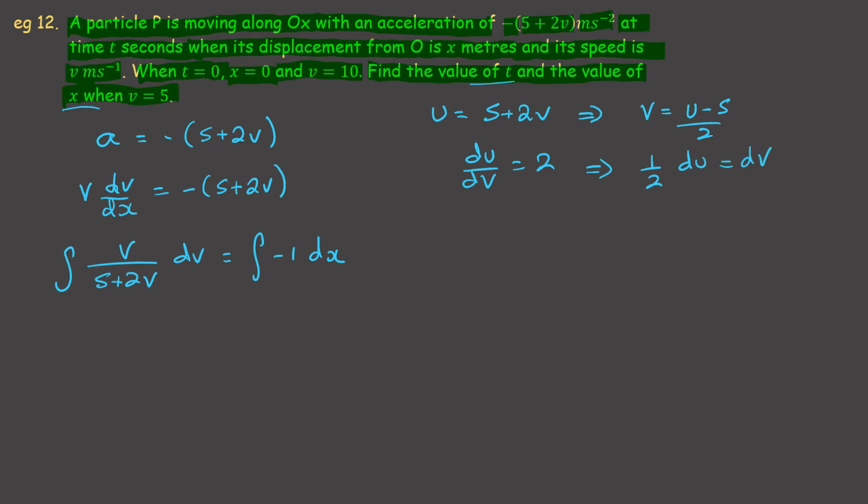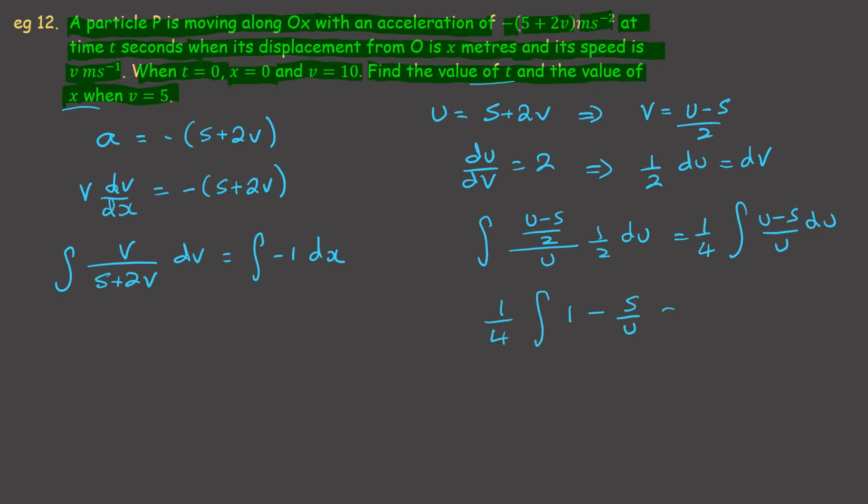So we can now substitute, and we get the integral of u minus 5 over 2 divided by u, 1/2 du, which we can simplify as 1/4 of the integral of u minus 5 over u du. And we can simplify that to 1/4 of 1 minus 5 over u du, just splitting the fraction.